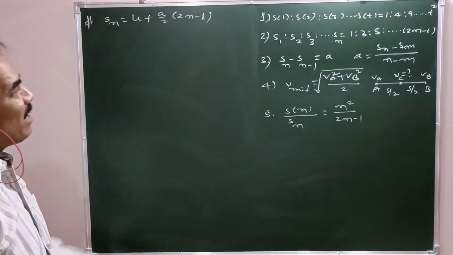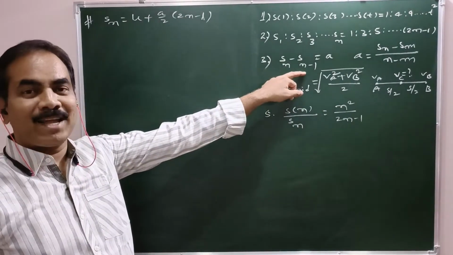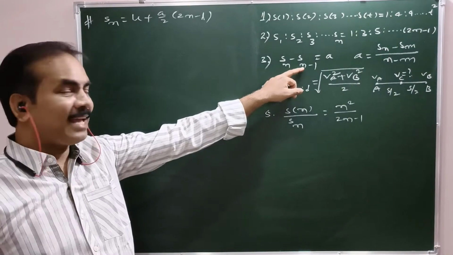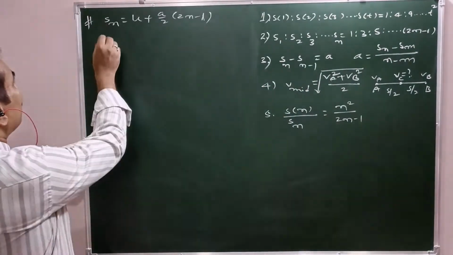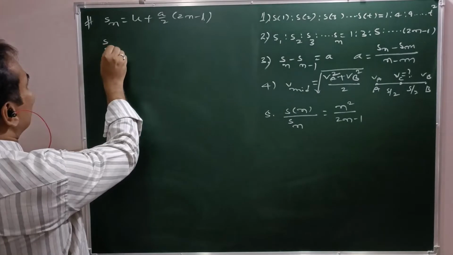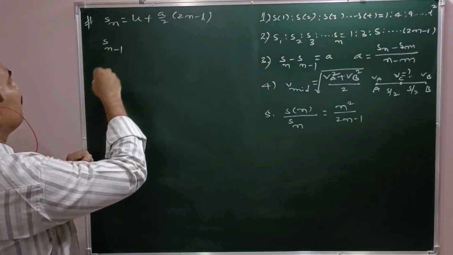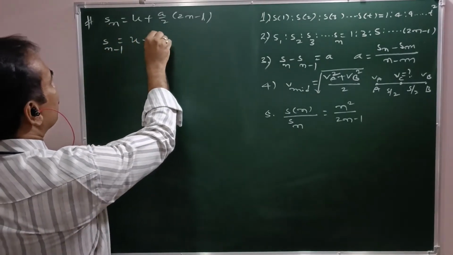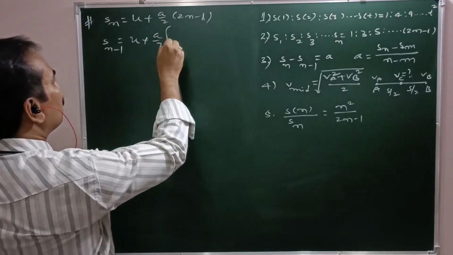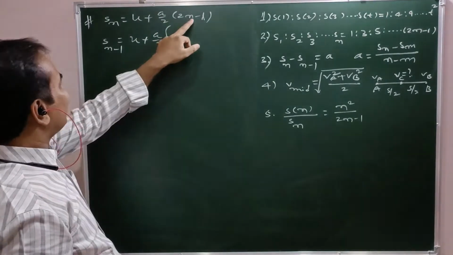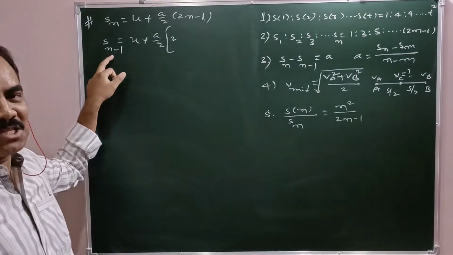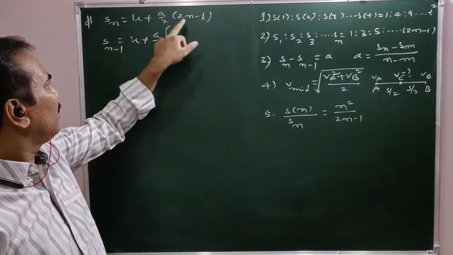Now what is sn minus 1? It means distance covered in the previous second, that is in n minus 1th second. So the distance covered in n minus 1th second, that is in the previous second, equal to u plus a/2 into 2 into, is it n or n minus 1 here? N minus 1. It's not n. If it is n, here also n.